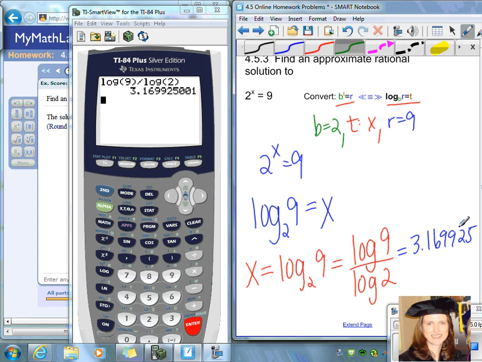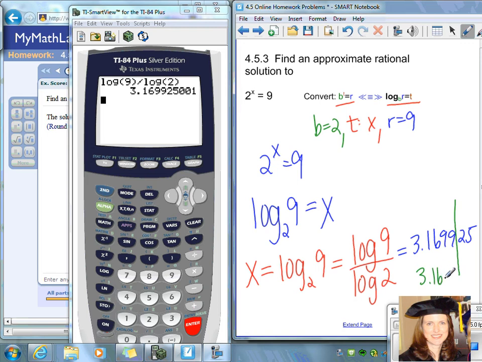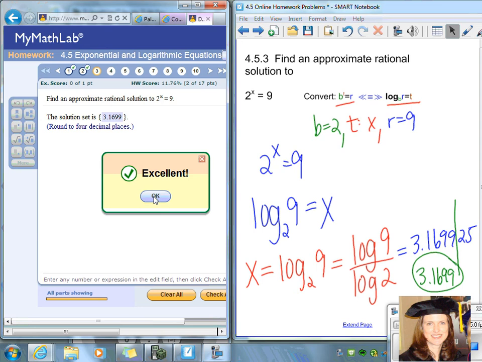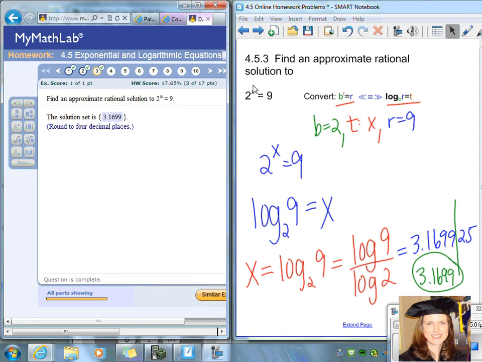Rounding this to 4 decimal places, we get 3.1699, and we can check our answer. So the way to solve this one is to convert to logarithmic form and then use a calculator to evaluate.